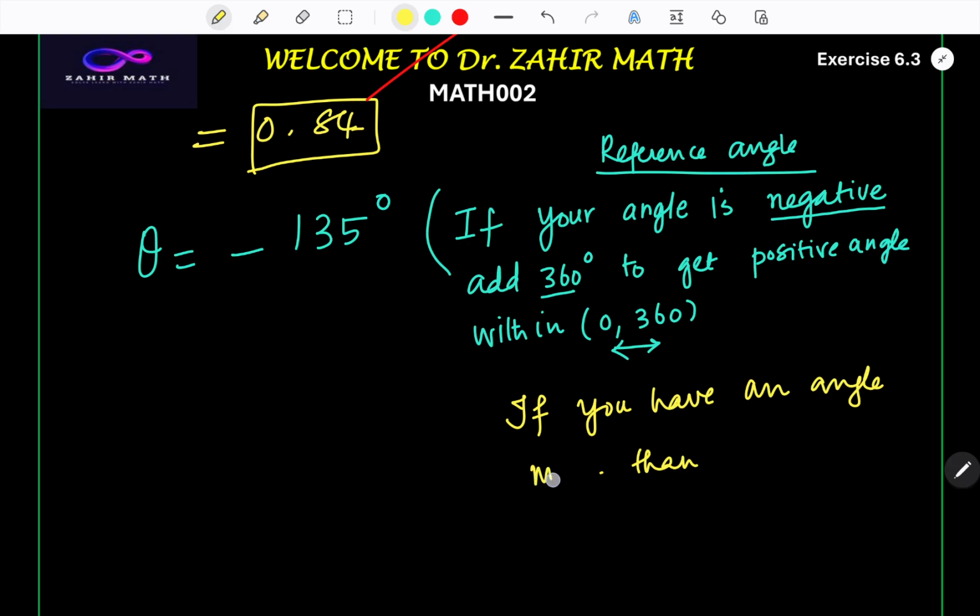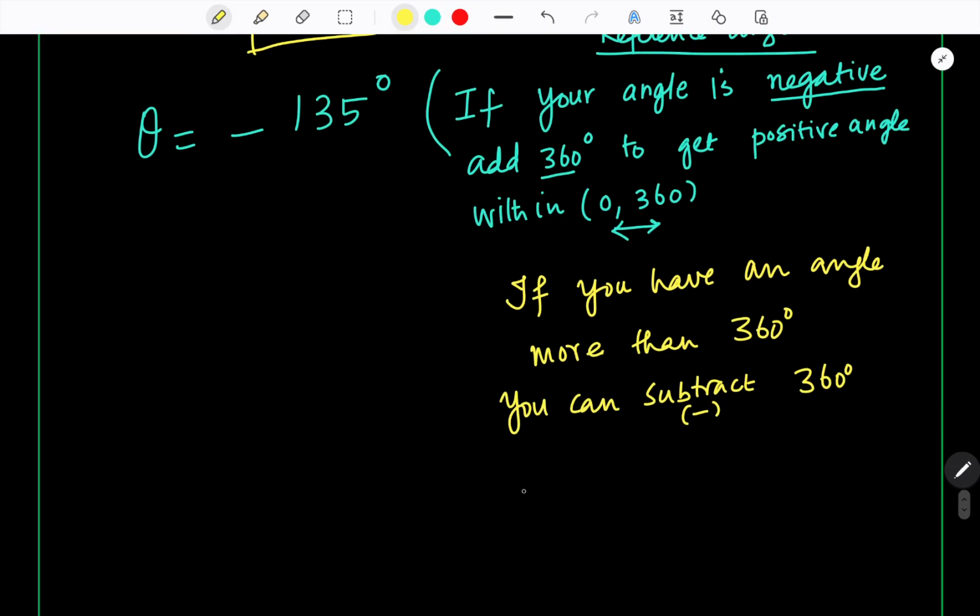then what you should do is subtract, minus, 360 degrees, and keep subtracting until it falls under the limit.